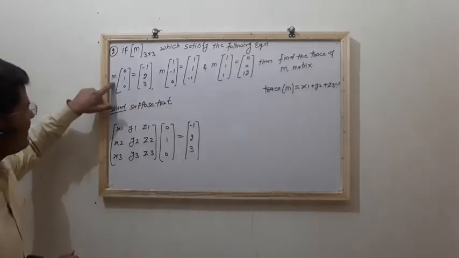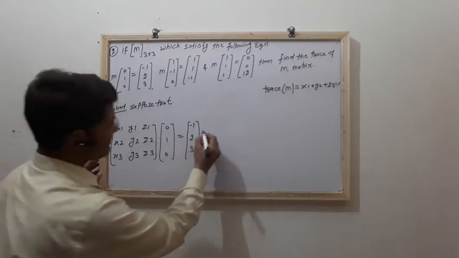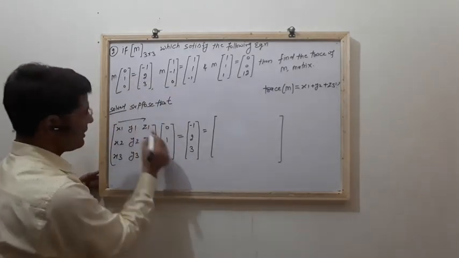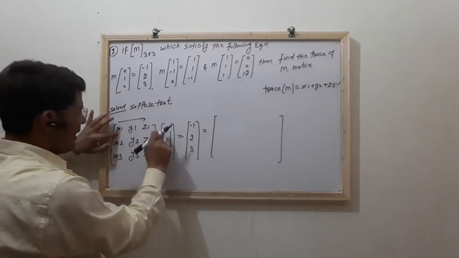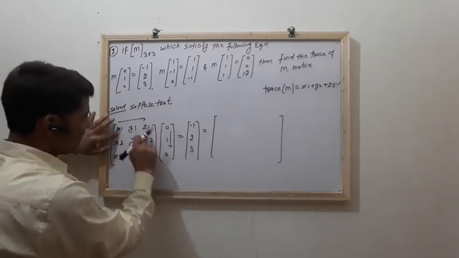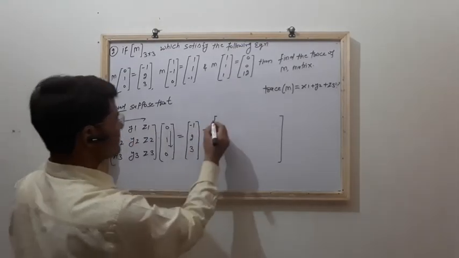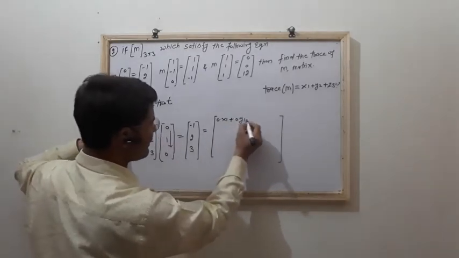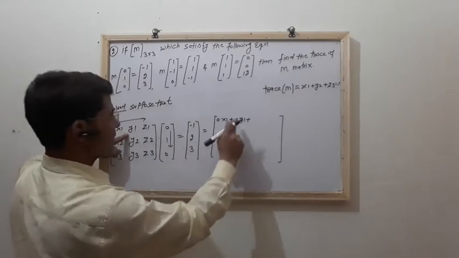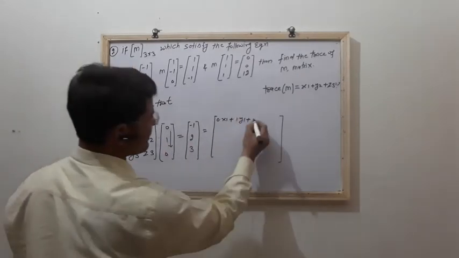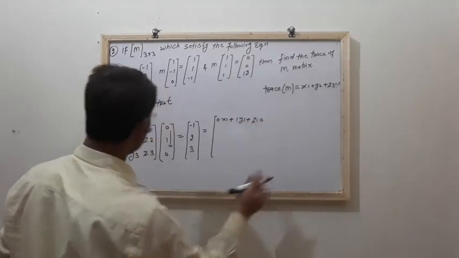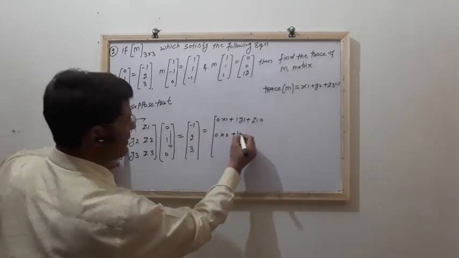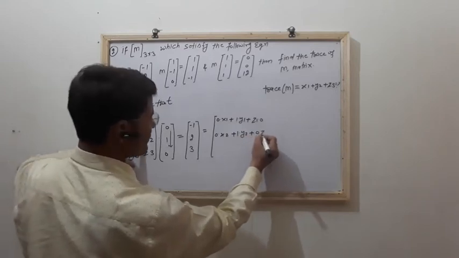Okay, by equation number first, by matrix multiplication, horizontal and vertical, that means 0 into x1 plus 1 into y1 plus 0 into z1. Similarly, 0 into x2 plus 1 into y2 plus 0 into z2.